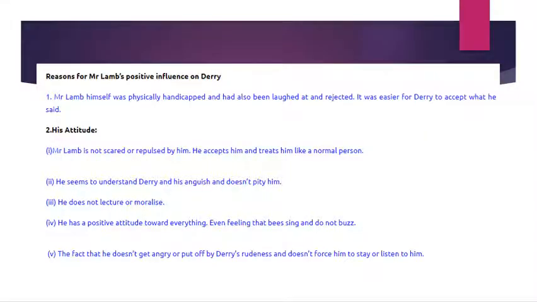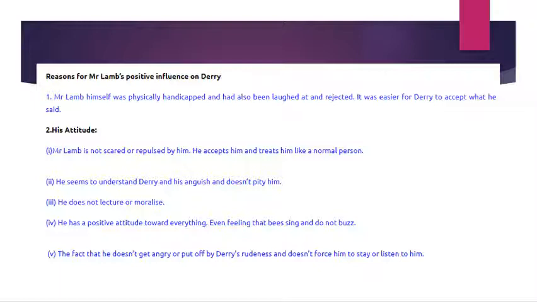Now we are going to discuss some of the important points. Reasons for Mr. Lamb's positive influence on Derry. So, what is it that has influenced Derry? Mr. Lamb himself was physically handicapped. So, both their conditions were alike.